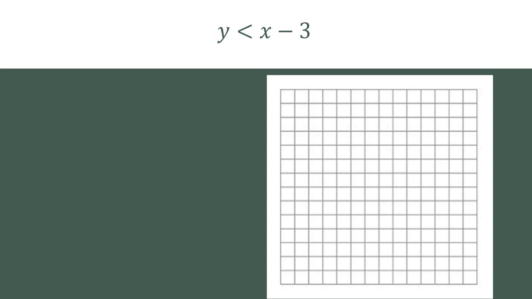So try this one on your own using the steps we just talked about and then come back. Okay, first, it's already written in y equals mx plus b, so I'm good. I'm going to graph the boundary line. My y-intercept is -3, my slope is 1, so up 1 and to the right 1. I'm going to use a dotted line because it's less than. I'm going to pick my test point.